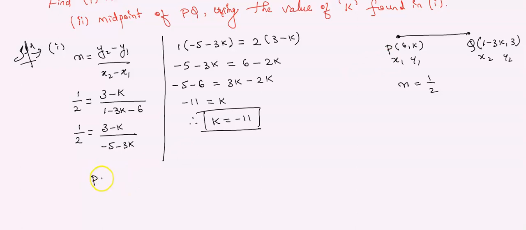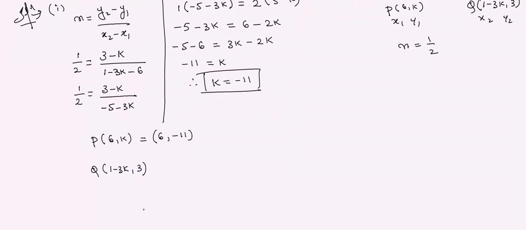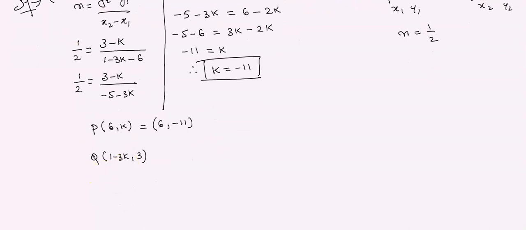They have given (6, k), correct? That is (6, minus 11). So this is the coordinates of P. Next, what is the coordinates of Q? (1 minus 3k, 3). Correct?